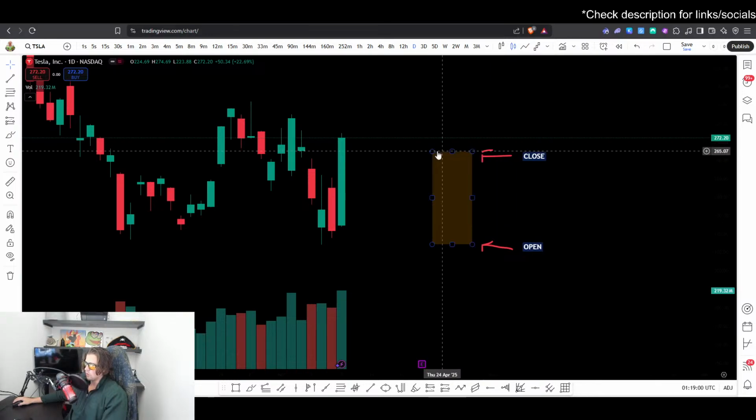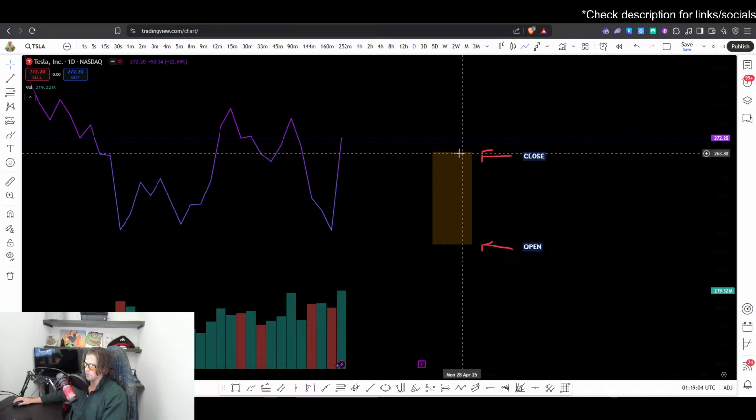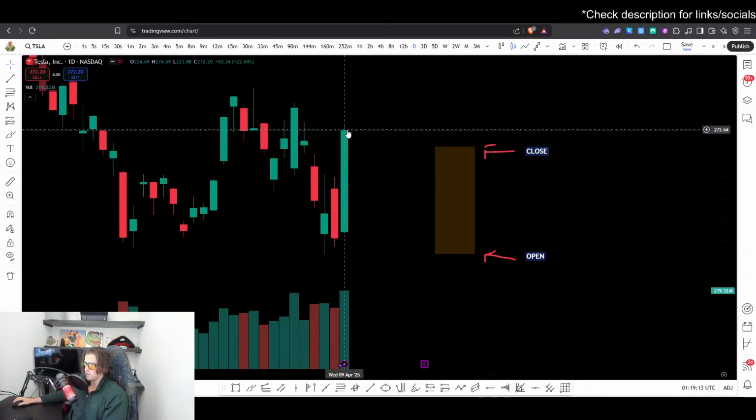Now, while I was starting to look at the body, when you look at a line chart, that's essentially all you're looking at, is the open and the close, or the body. Now, when we look at candles, you'll notice that we also have these little lines above or below the candles, these little wicks.